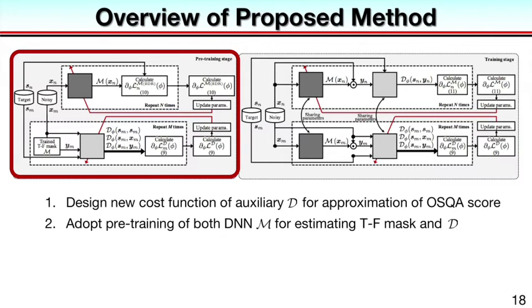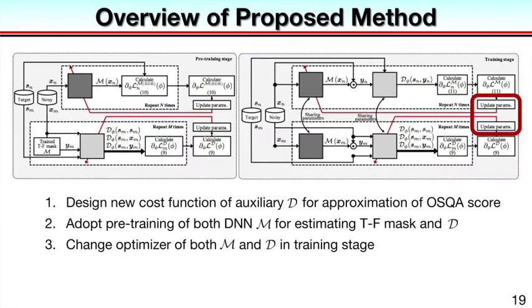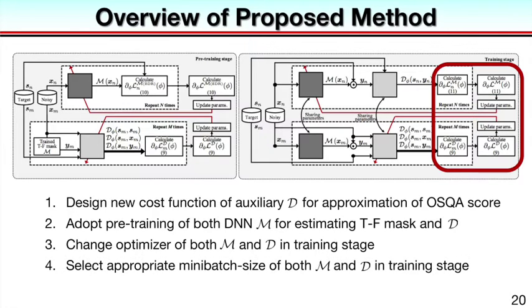Second, we adapt pre-training of both DNN, M for estimating TF mask, and D. Third, we change the optimizer of both M and D in the training stage. Finally, we select appropriate mini-batch size of both M and D in the training stage. From the next slide, I explain the new cost function.